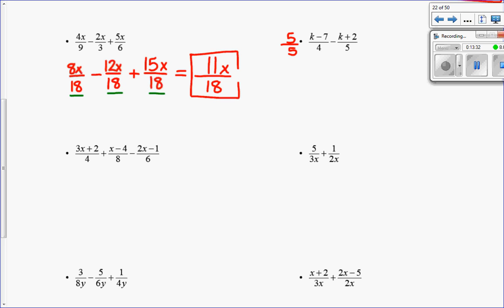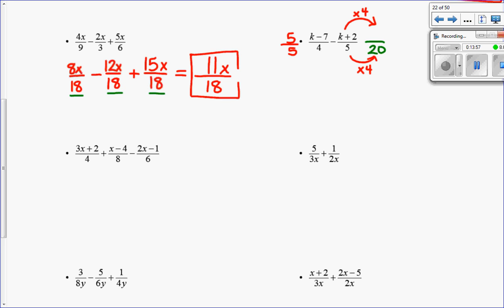Okay, I'm going to do the same thing on this side now. I'm going to figure out what do I need to multiply this side by to give me a common denominator of 20. Well, think in your head for a minute. What would I have to multiply that 5 by to give me 20? I'm multiplying by 4. So I'm going to do the same thing on the top. I'm going to multiply by 4.